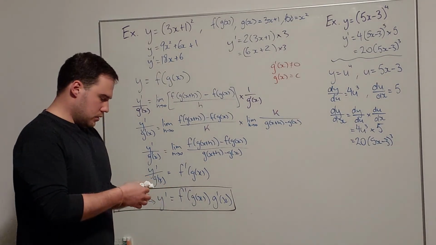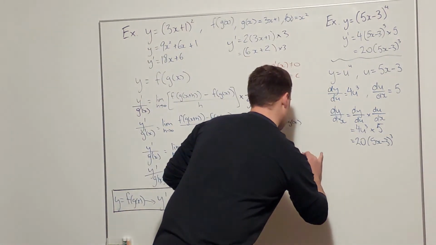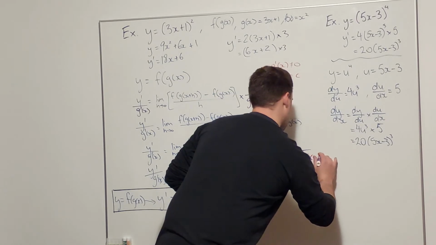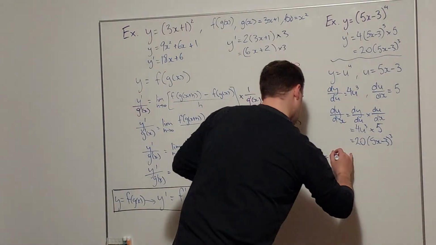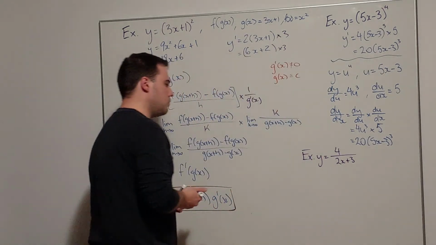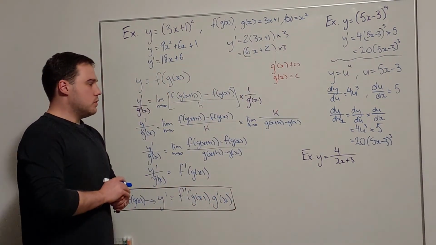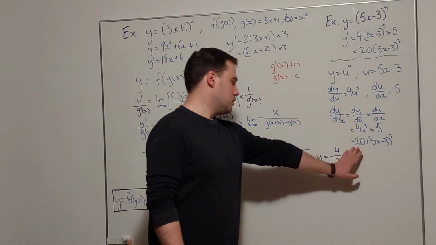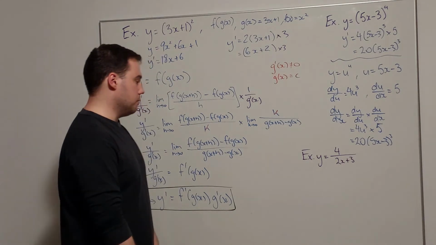All right, let's just do another example where we can use this. If the plus 3 wasn't there, 4 over 2x, hopefully we'd be comfortable doing that.